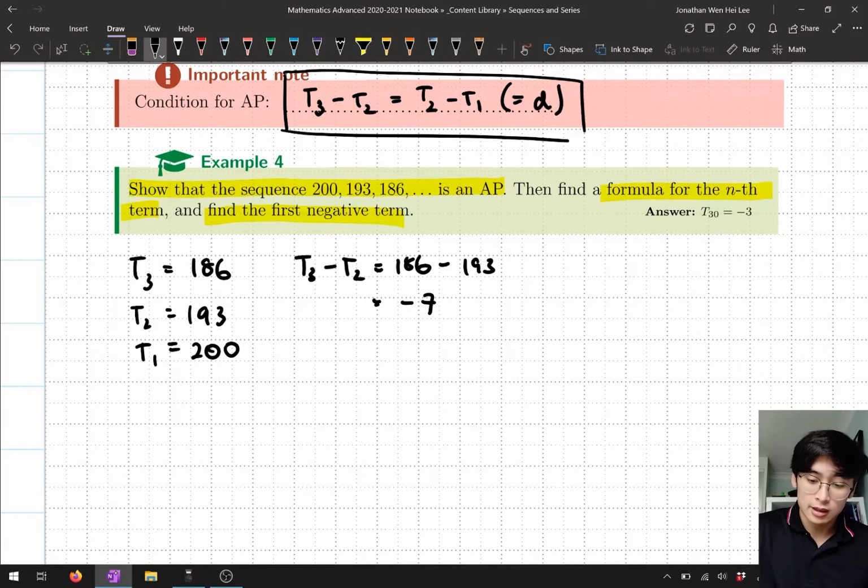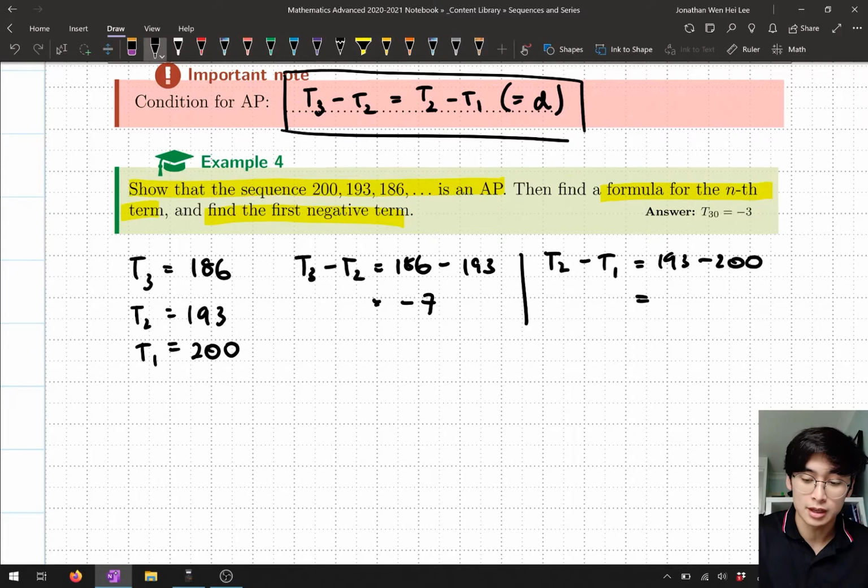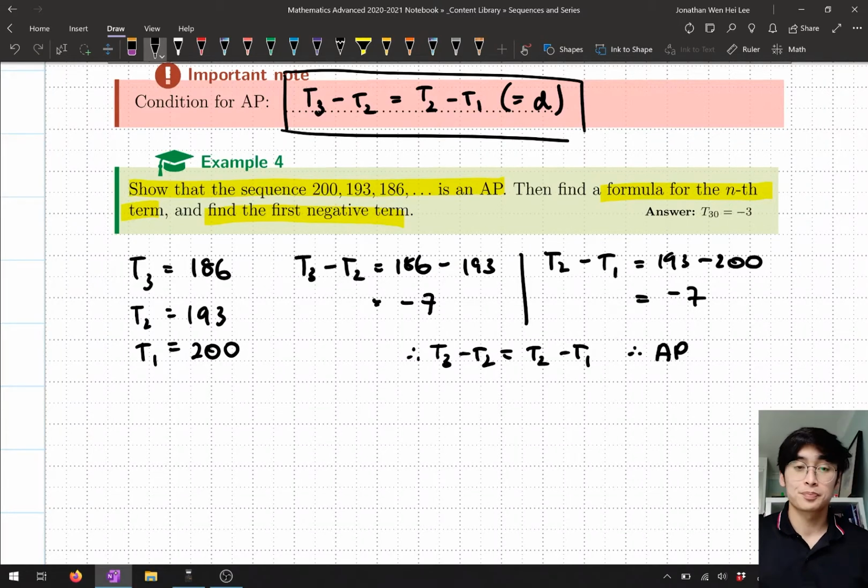Then we also want to check T2 minus T1. T2 is 193 minus 200 for T1, and so that's also -7. So therefore, T3 minus T2 is equal to T2 minus T1. Therefore, the sequence is an AP.